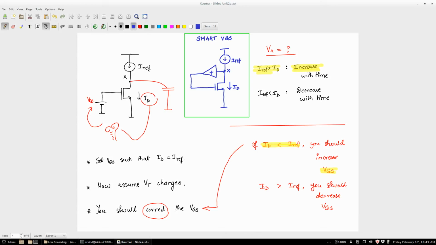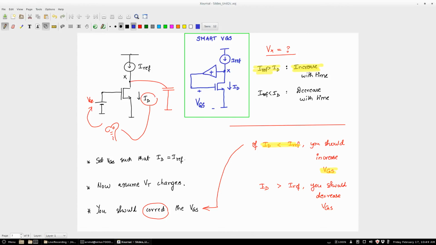Because this is your Vx, and your Vx already has the correct sense. If ID is less than Iref, then you want to increase the VGS, and this Vx is also increasing. So you can take that Vx, multiply it if you need to, and put it in here.